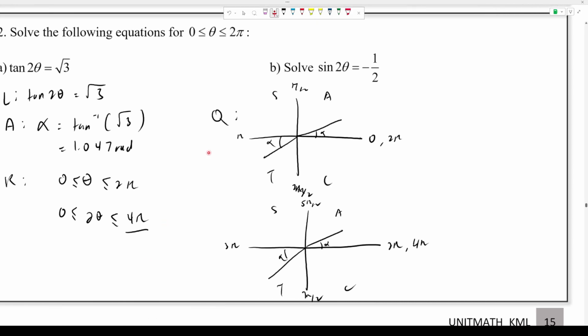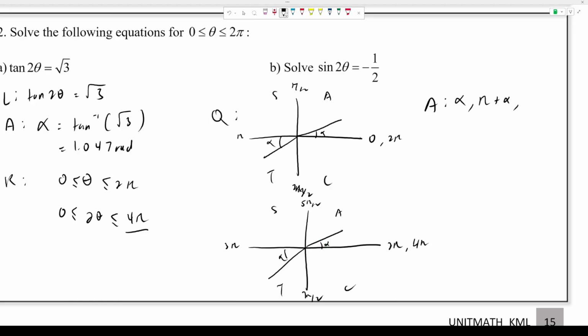Okay, so your final answer will be, okay, so first kita ada 0 plus alpha kan, so alpha. And then the second one 180 degrees pula sini. Jadi pi plus alpha. So pi plus alpha. And then you have for the second circle 2 pi plus alpha.